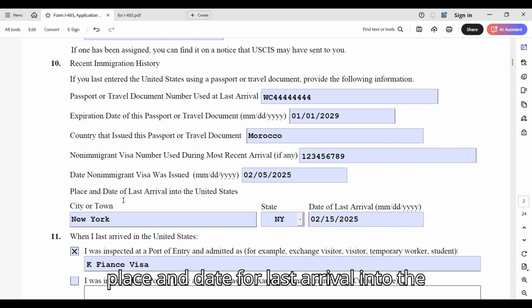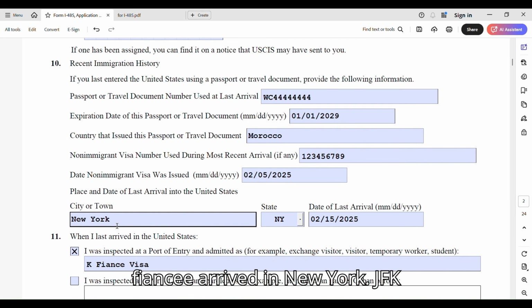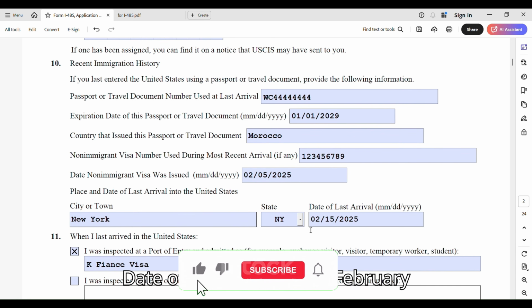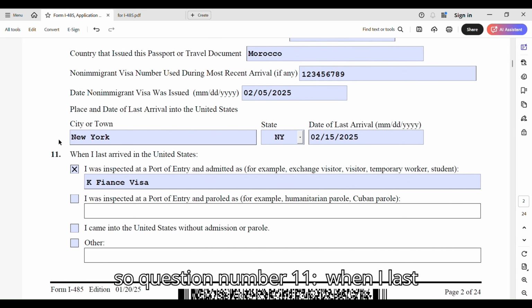Place and date of last arrival into the United States, city or town. My fiancé arrived in New York, JFK Airport. State is New York. Date of last arrival is February the 15th, 2025. So question number 11.